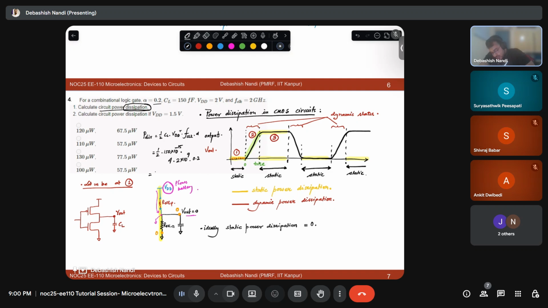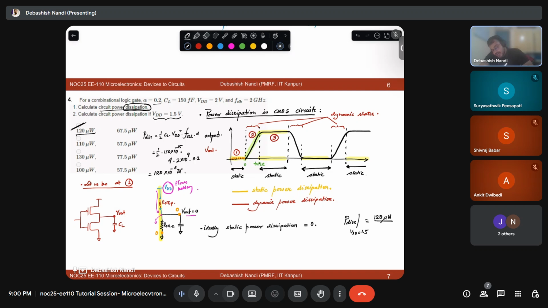If you calculate this, it will come up to be 120 into 10 to the power minus 6 watt. That is this value, 120. And what about VDD equal to 1.5? So your P dissipation for VDD equal to 1.5 will be nothing but your 120 microwatt.